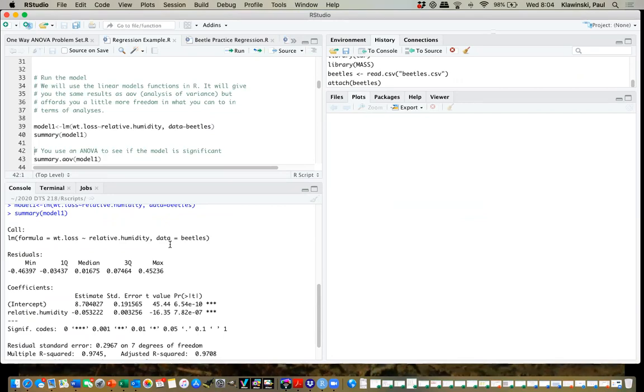The y-intercept in this case is 8.704027, minus 0.5322 times relative humidity, and the y variable that we are predicting is weight loss.